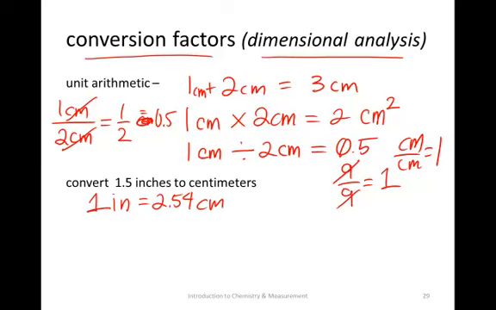Okay, now that is an equality, just like 9 equals 9 and 9 over 9 equals 1. From one equality, we can set up two conversion factors. We can say that there are 2.54 centimeters per 1 inch, or in 1 inch, we've got 2.54 centimeters.